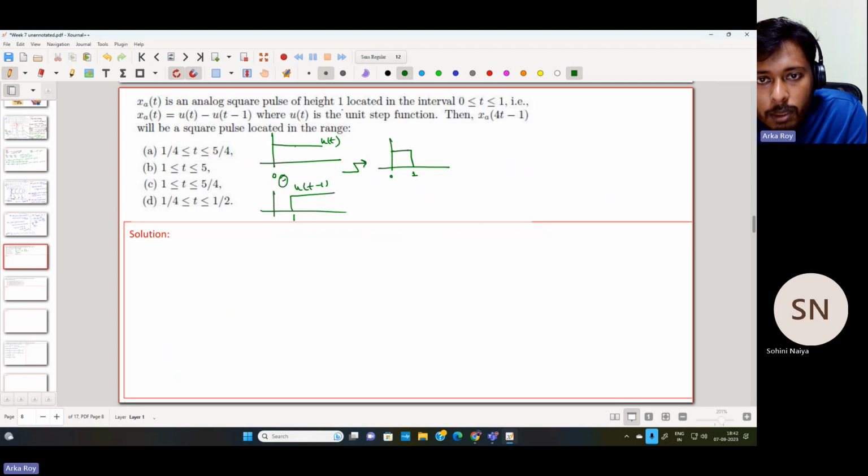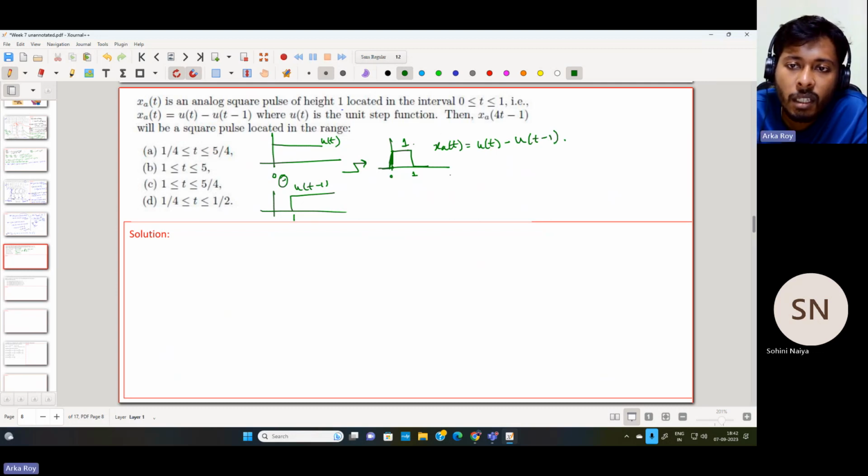After that, whatever amplitude u of t has, u of t minus 1 has the same, so if I subtract these two, it will give me 0. So this is how I am getting a square pulse over here, and the amplitude is 1. So this is x a of t. The governing equation is u of t minus u of t minus 1.